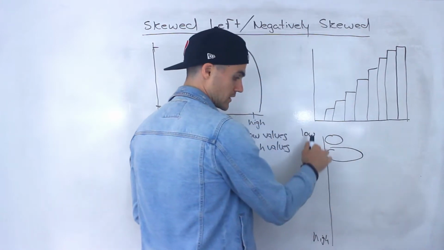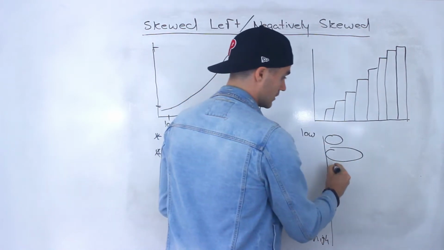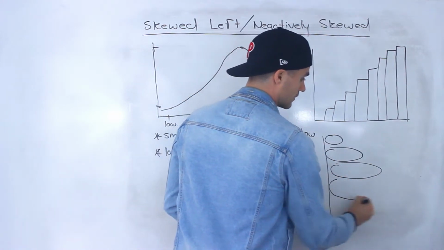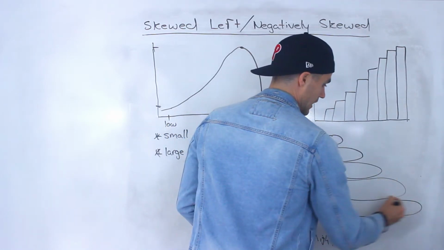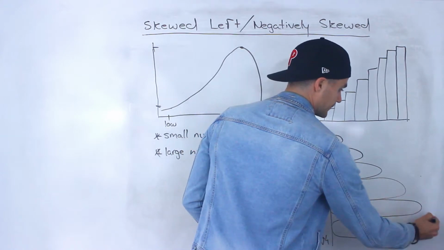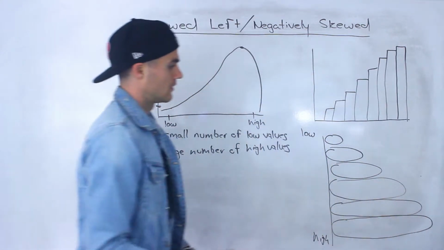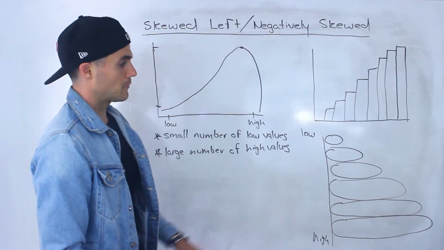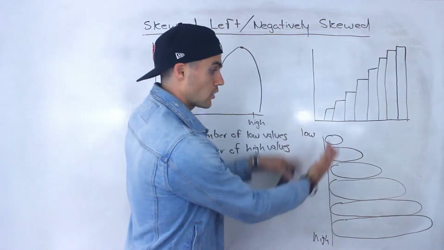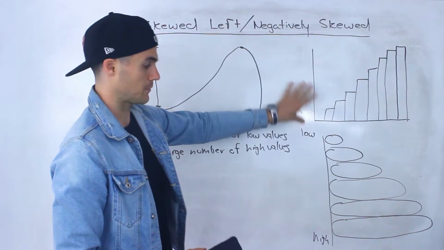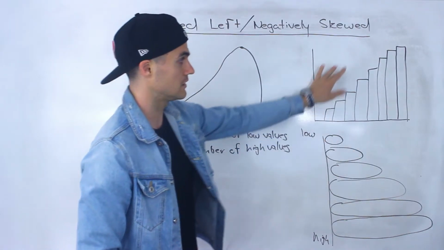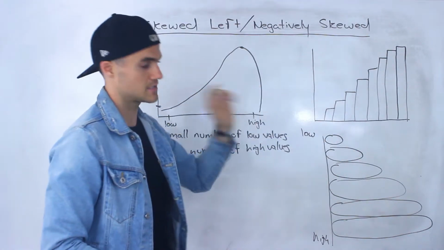Then as we go down the stem plot, it should get higher and higher. We'll have more leaves as we go down the stem plot. It looks something like that. Remember, if we take a stem plot and rotate it, we should get the shape of the histogram. Notice if we take this and rotate it, it would be a very similar shape to this.